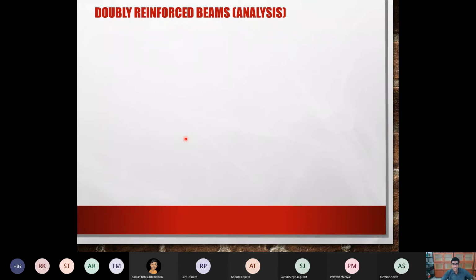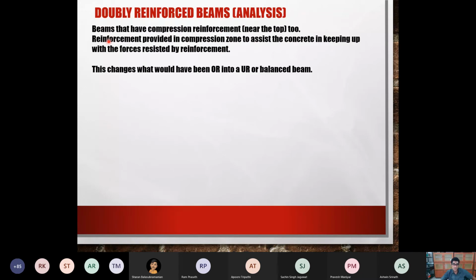The analysis of doubly reinforced beams is very similar to the analysis of over reinforced beams. Beams that have compression reinforcement near the top too are known as doubly reinforced beams. Reinforcement is provided in the compression zone to assist the concrete in keeping up the forces resisted by the tension reinforcement.